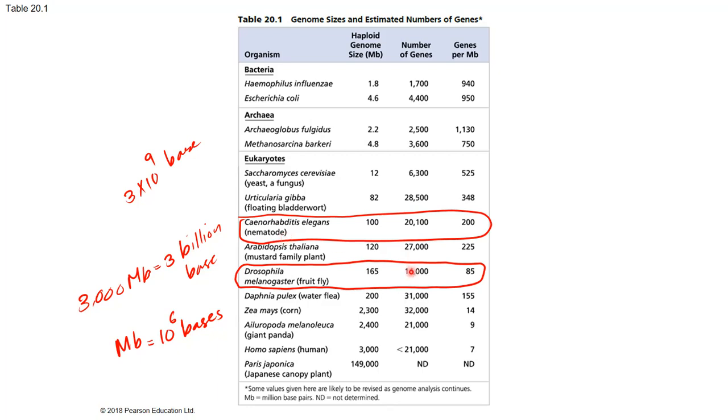So how can a more complex organism like Drosophila have fewer genes compared to a less complex organism?